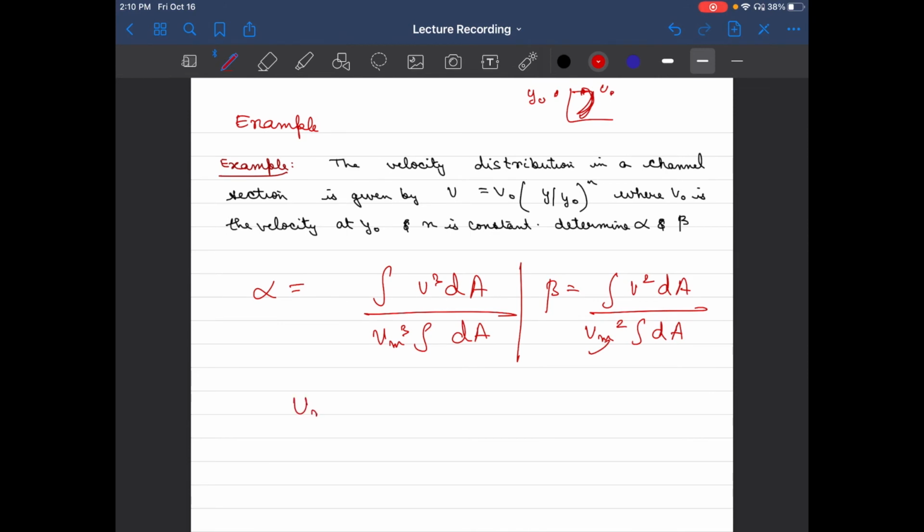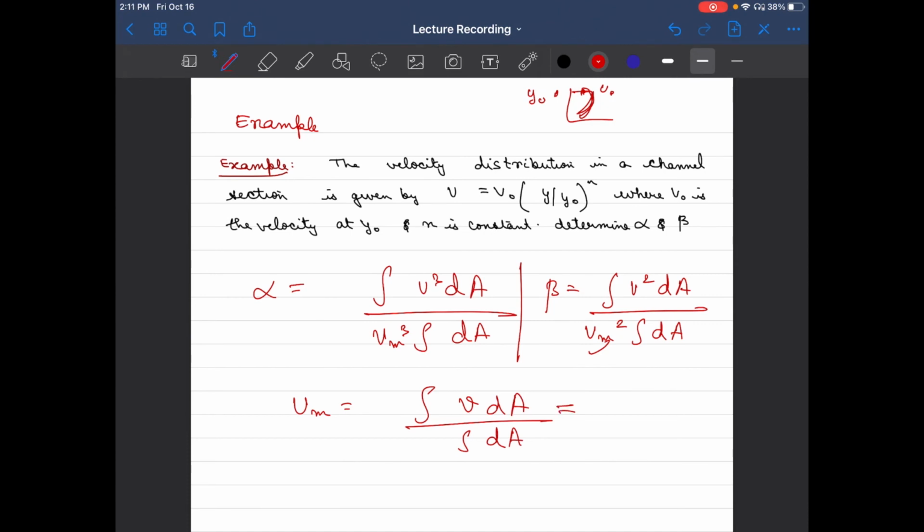The average velocity is nothing but v1a1 plus v2a2 divided by a1 plus a2 plus so on, as we looked into in that simple example with cross section. If we have to write it in analytical form, we can write it as integration v dA divided by integration dA, and in discrete form it again becomes v1a1 plus v2a2 divided by a1 plus a2 and so on.